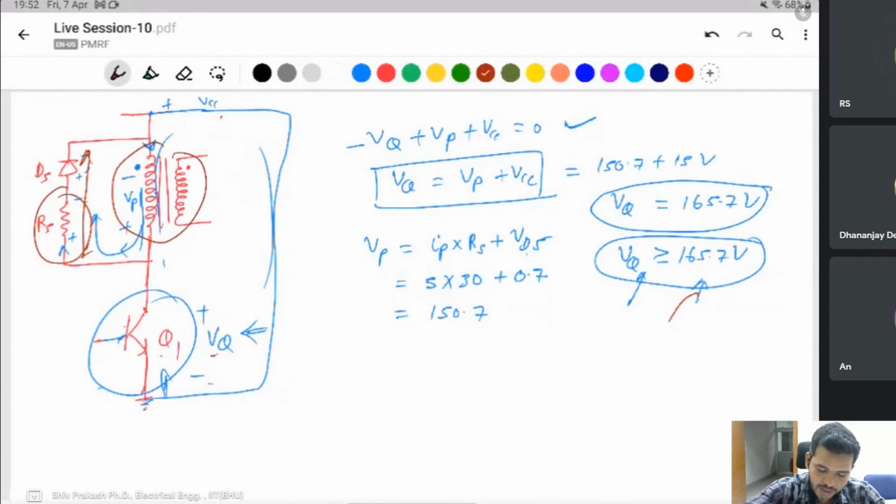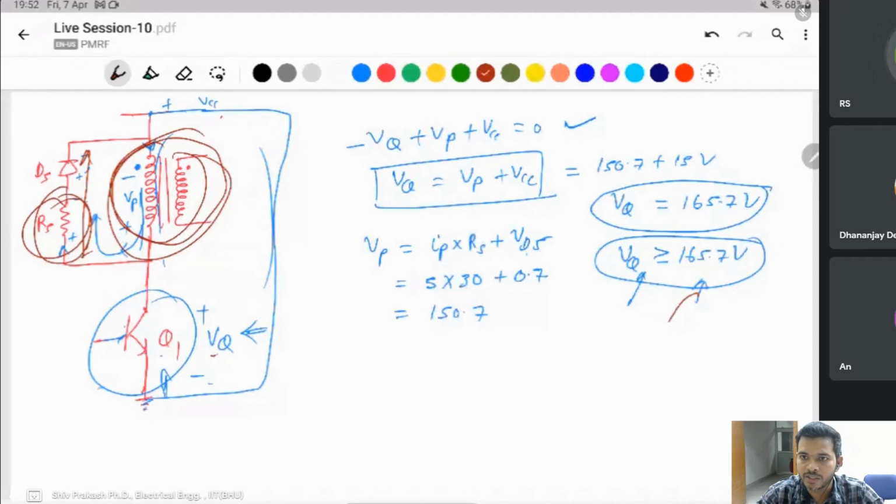But in this condition, if you increase the duty ratio, then you have less turn off time. In that time you should dissipate all the energy of this transformer into this resistance, so R should increase.